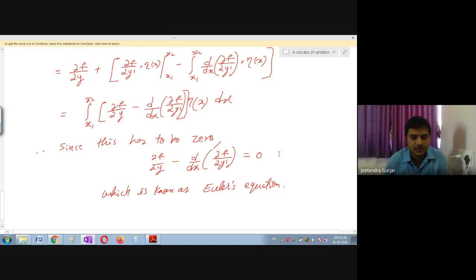So this much is enough, friends. If you integrate this, it will take a lot of time. Therefore, we'll be taking only this part, which will be equal to 0.